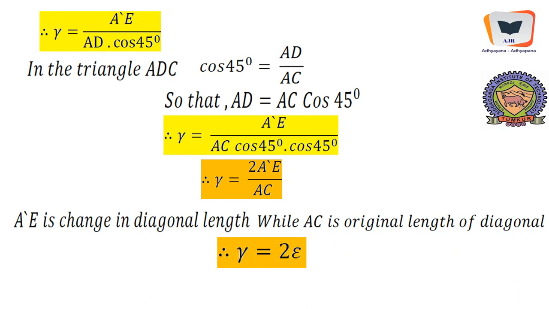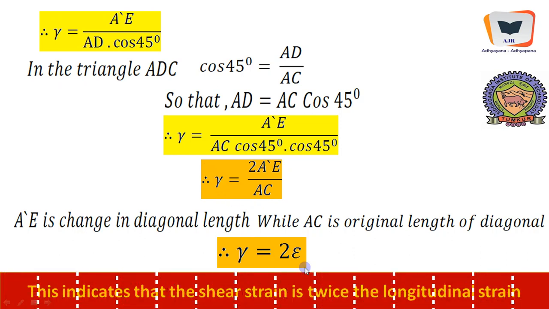Therefore gamma becomes 2 times epsilon. This is the change in length of the diagonal divided by the original length of the diagonal. Therefore we proved shear strain equal to twice the linear strain. This is also a very important observation which should remain with us as a fundamental. So this is a pointer for us to understand gamma is always severe, because it is twice the linear strain.